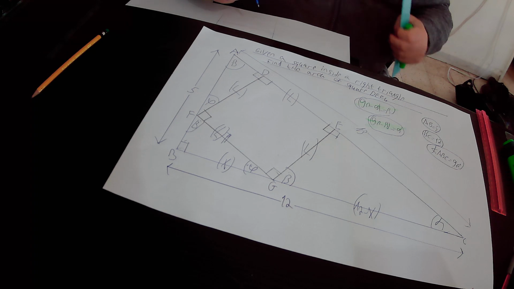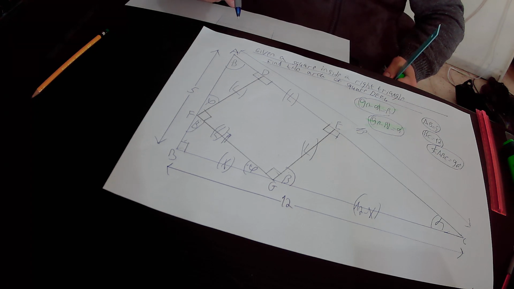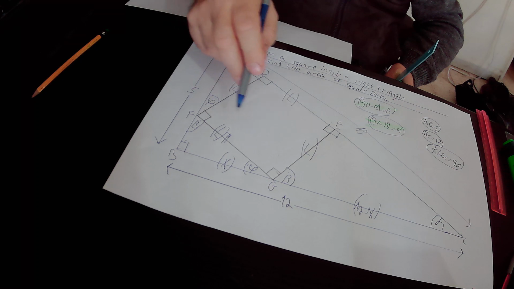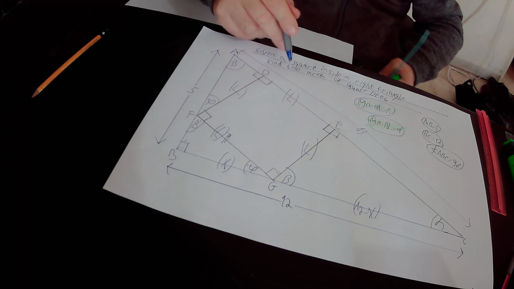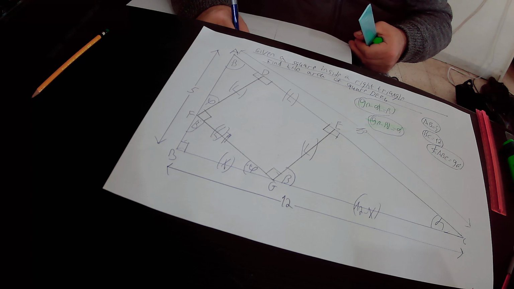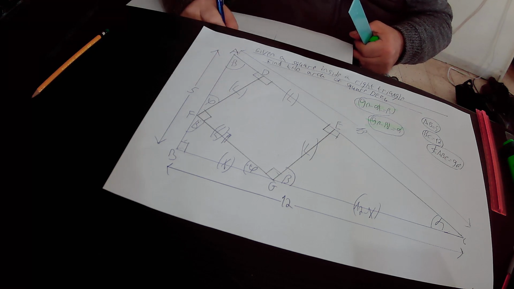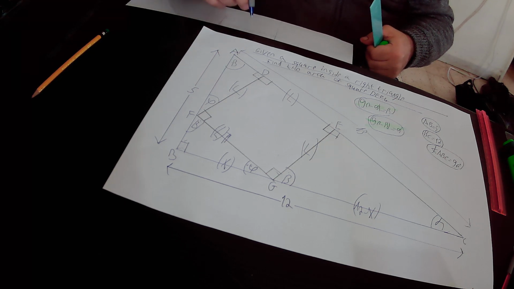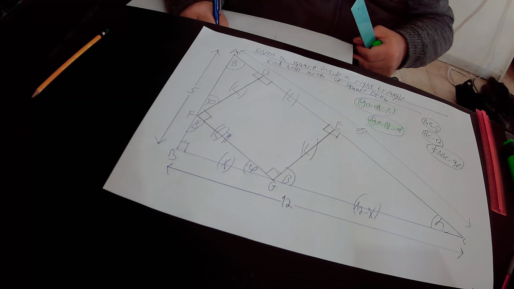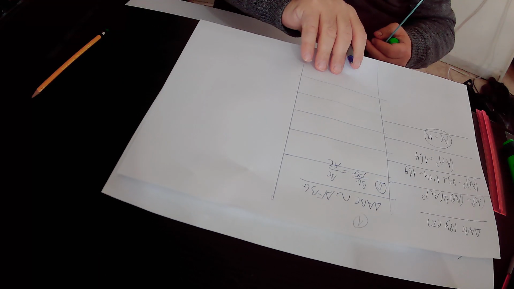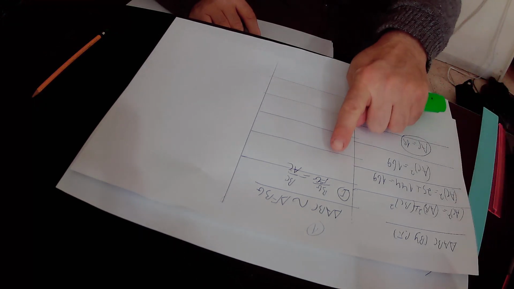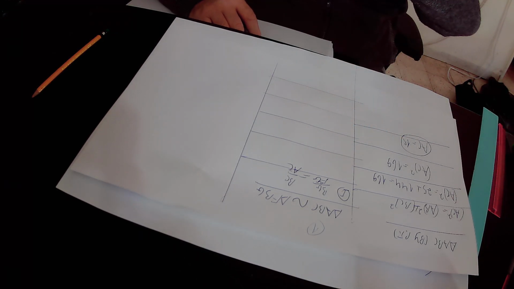We derive that BG over FG in the small right triangle FBG equals BC over AC in the right triangle ABC. Repeat again. We derive that BG over FG equals BC over AC.